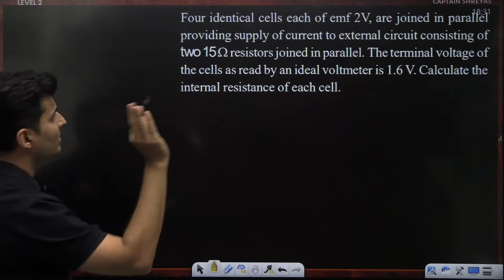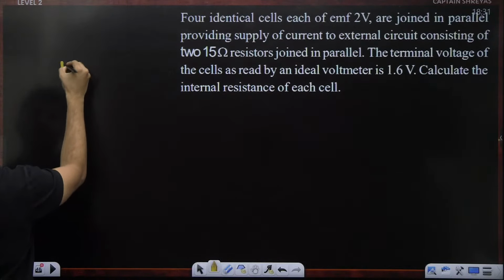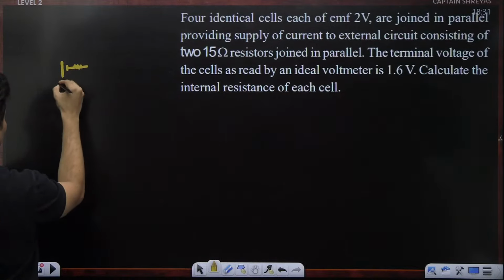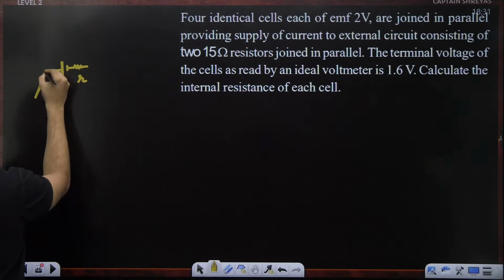There are 4 cells of 2 volts each, with some internal resistance.